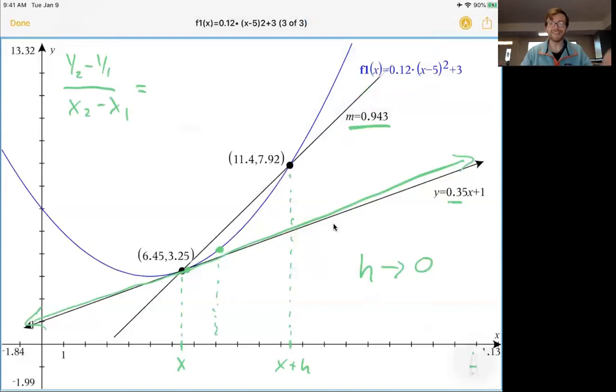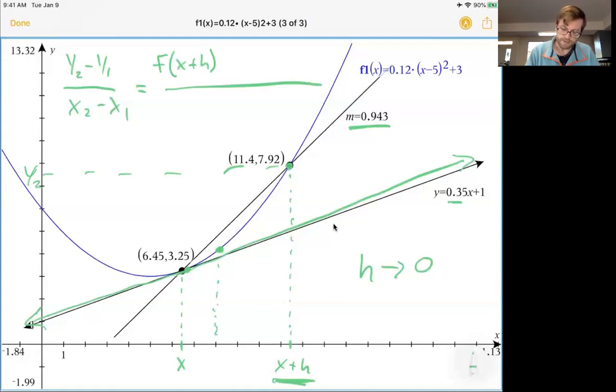If you're not, let me know in the comments. I'll be happy to tell you about function notation. But if we use function notation for this, then this y2 is going to be f of x plus h. Because this was the x plus h, and if I put that into the function f, I should get out the y that I'm looking for. Okay, f of x plus h should give me this y value.